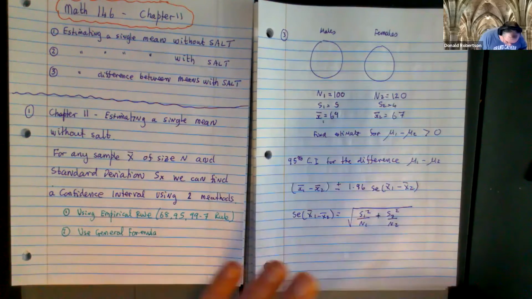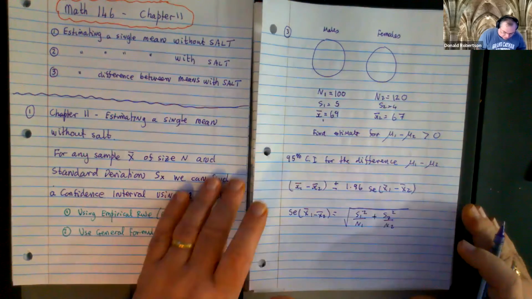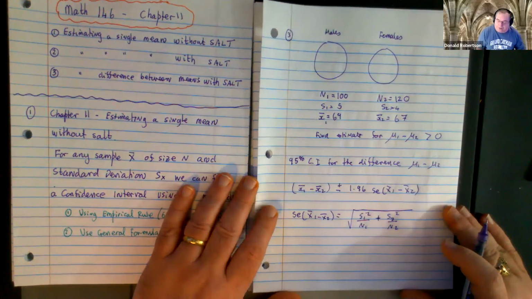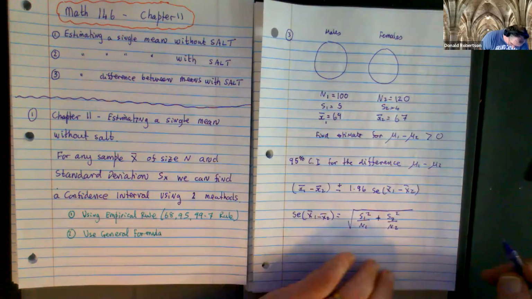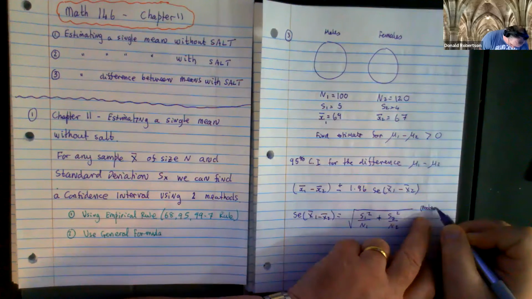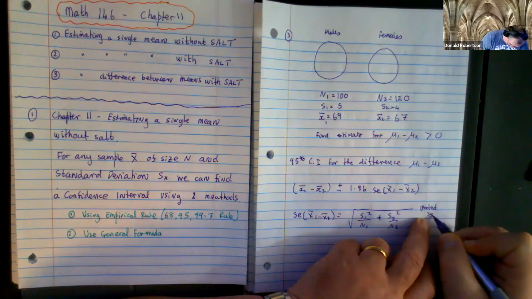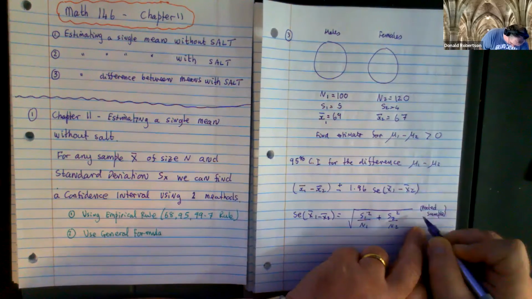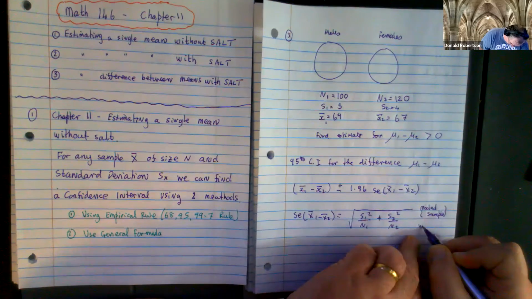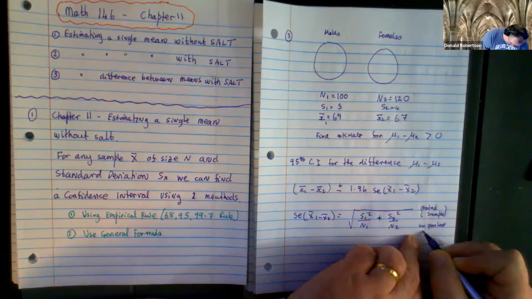Now, there are two kinds of standard error formula. One of them is called a pooled sample, and the other is an unpooled sample.